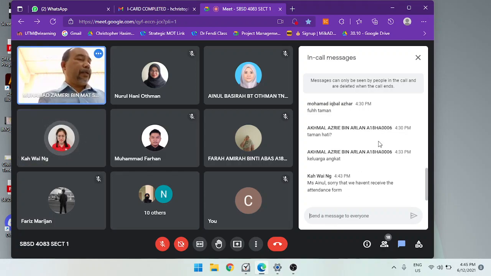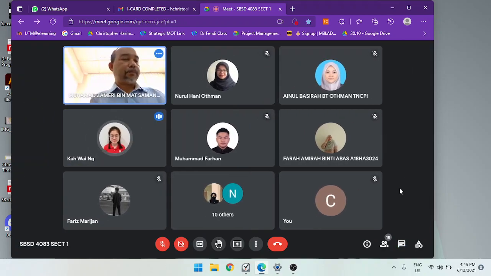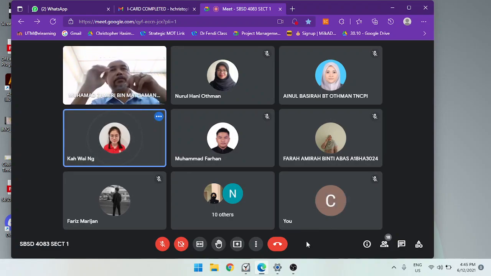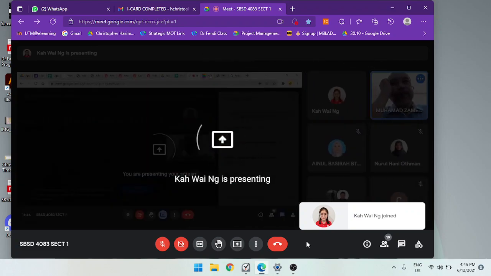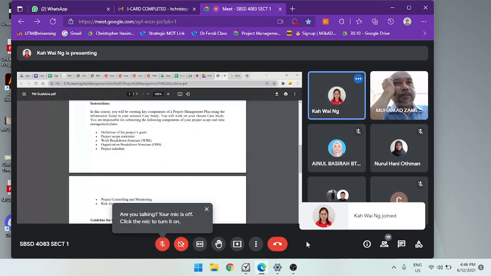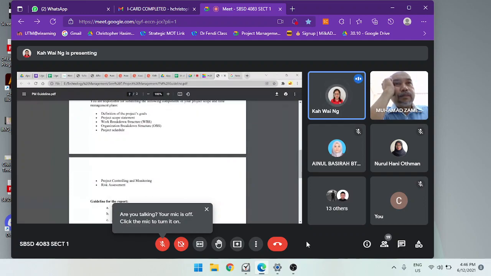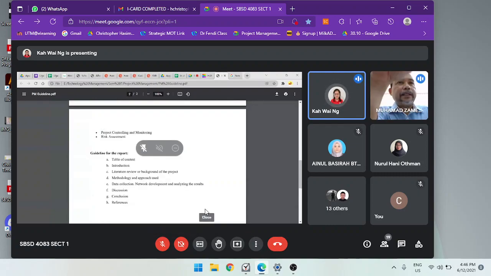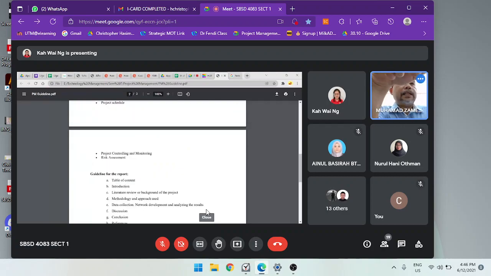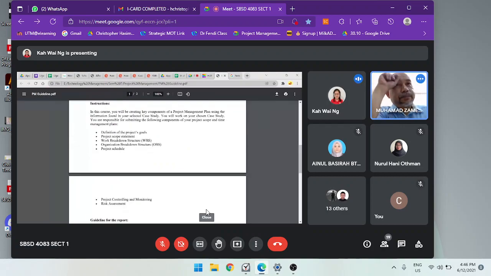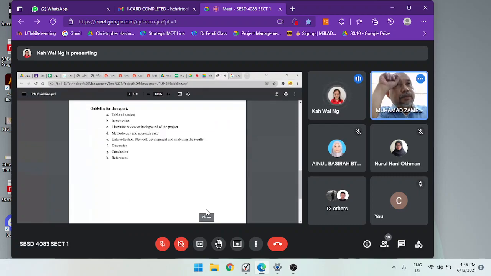Doktor, boleh saya tanya? Boleh saya share screen? Boleh. Yang ni guideline kan. Kita orang just buat yang ni saja: definition, project group, scope. And then ada guideline, this is the structure of your report. So macam ni data collection kita memang nak collect ke atau ini just guideline saja?